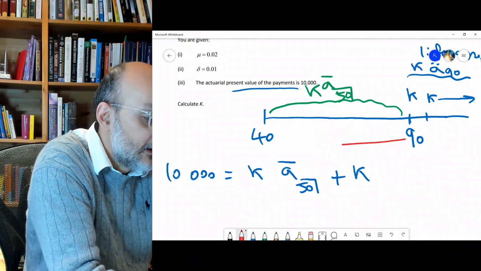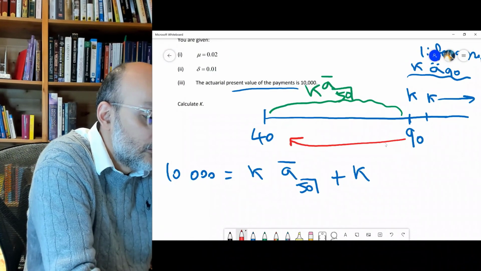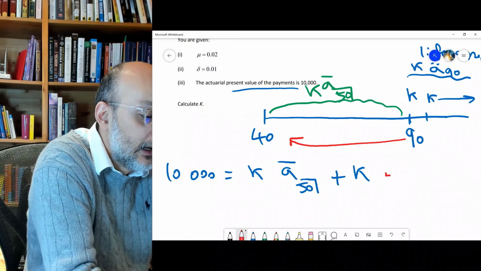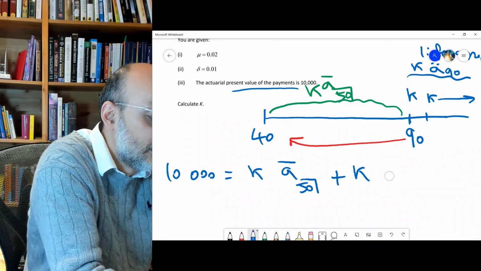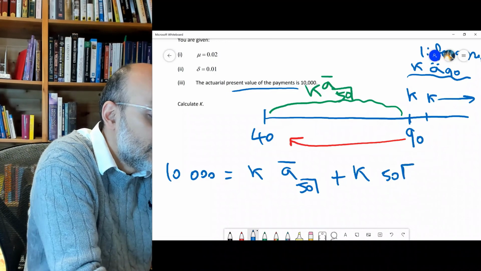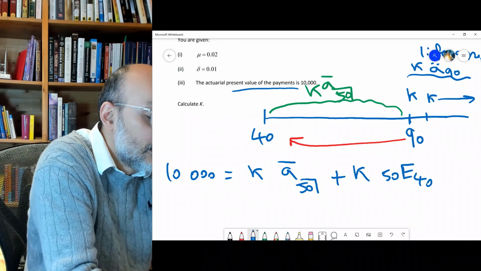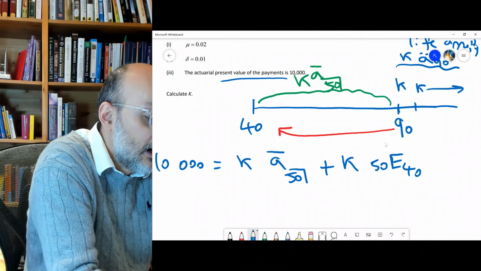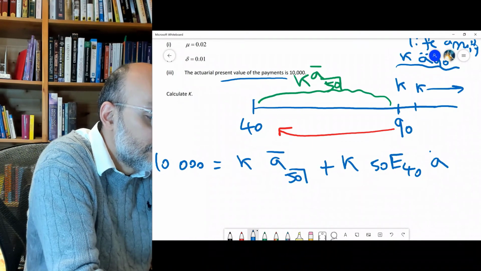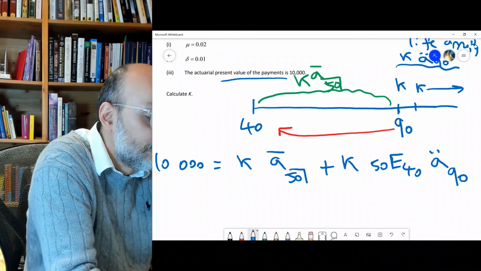We need to bring it back. How do we bring it back? Well, it's the actuarial present value, which is 50E40, multiplied by the annuity at age 90.